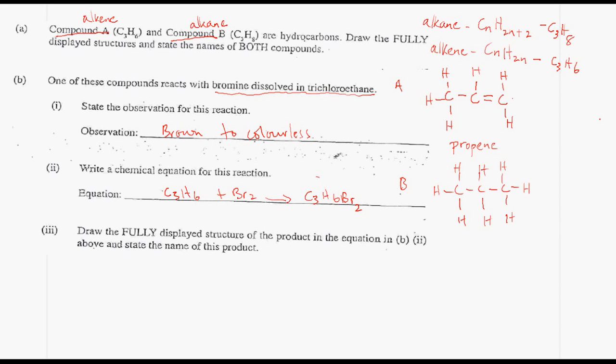So we are talking about this product here. So it's an addition reaction, and the displayed formula is we'll have 1 bromine here, 1 bromine here.